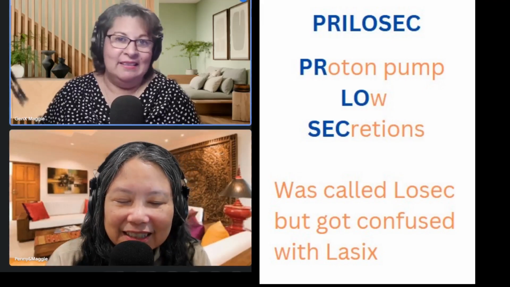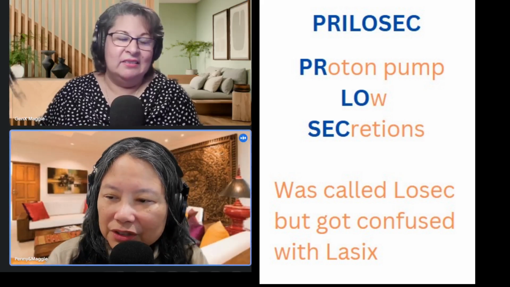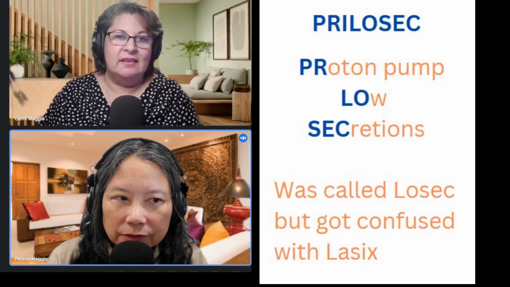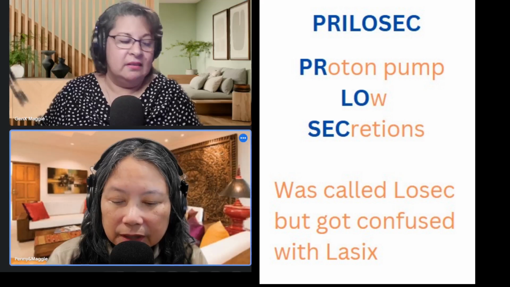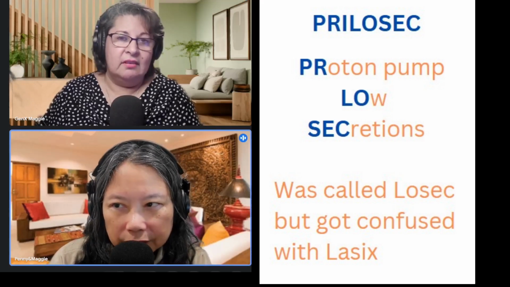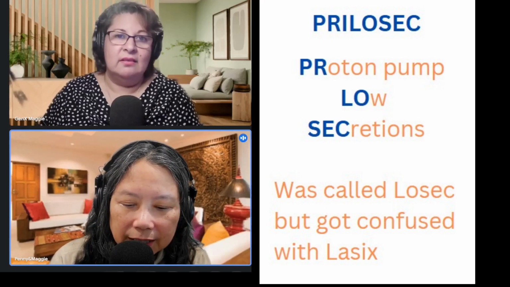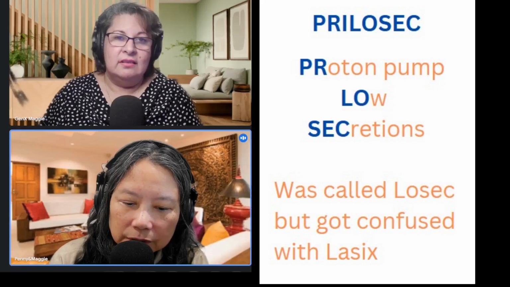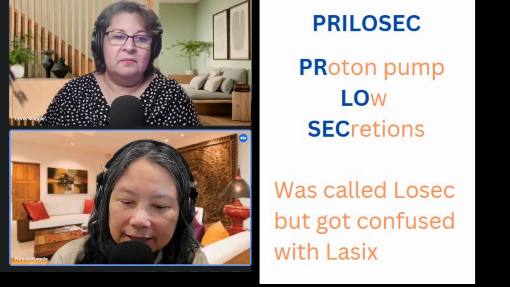Prilosec. This is another drug that also decreases acid, and it works a different way. It's called a proton pump inhibitor. So PR is from proton pump, and then LO is from the word low, like lower, and then secretions, SEC.